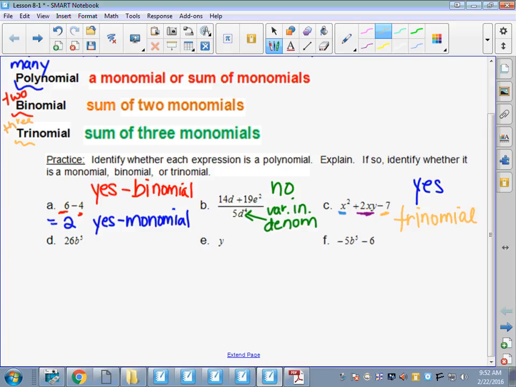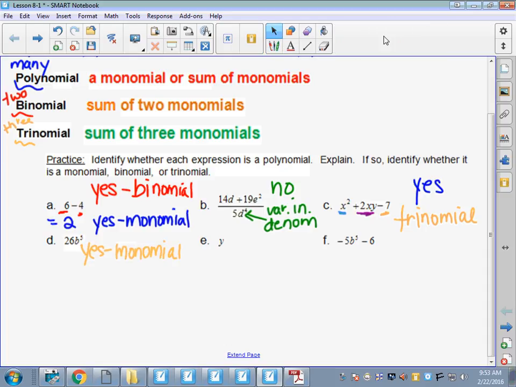Being able to identify these is going to be important simply because I'm going to use this terminology a lot. Letter D, I've got a 26b to the 5th power. Remember, that's just numbers and variables being multiplied together. We could write it out the long way if we wanted to. So yes, this is only one term, so it's a monomial.